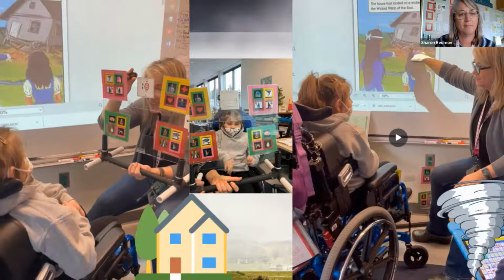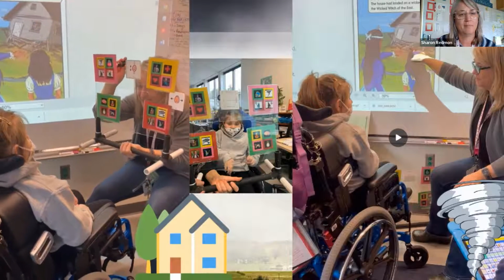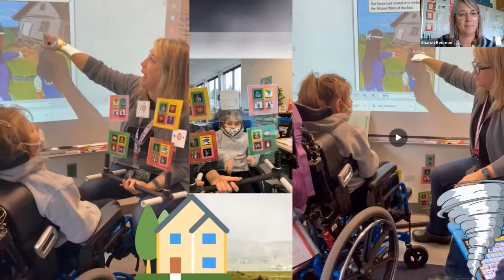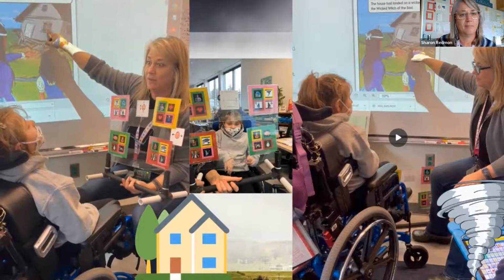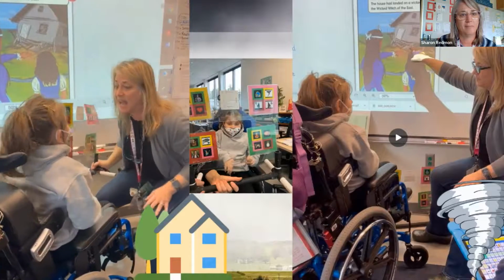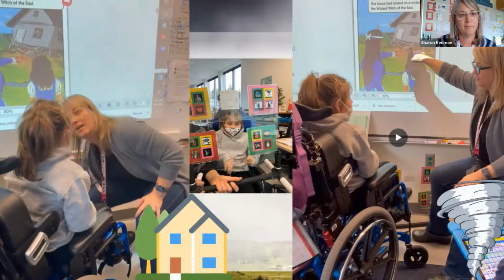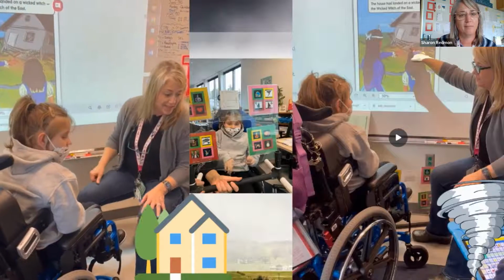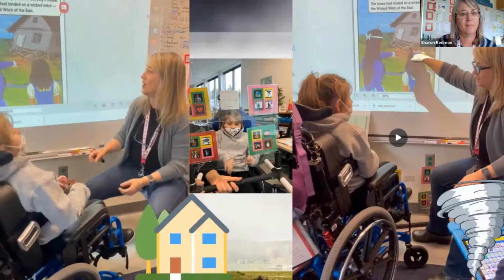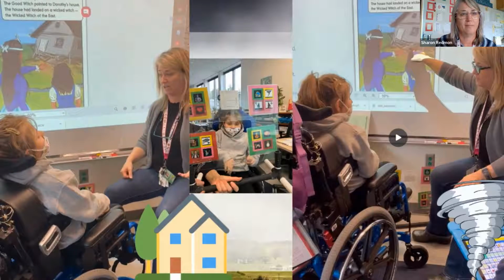Yes, just like that. Good job with your eyes. That tells me that the house. I would say you're right. What happened? The house fell down. It fell down. It's trash. Oh, it is kind of trashed.